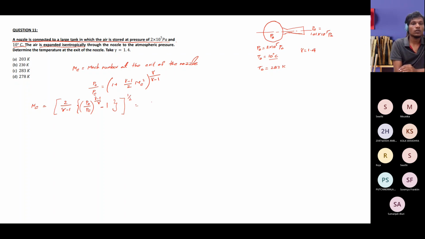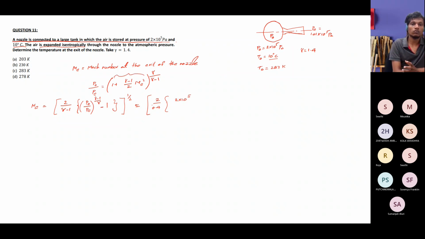Okay, so let's substitute the values that we have and simplify for the Mach number at the exit. Why are we simplifying for the Mach number at exit? To find out the temperature at the exit. We have an isentropic relation between the Mach number and the temperature, or we can directly substitute into the temperature equation also. It is just the same inside this power.